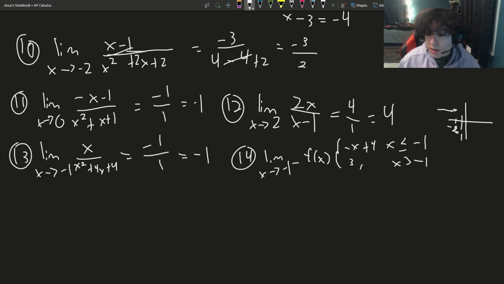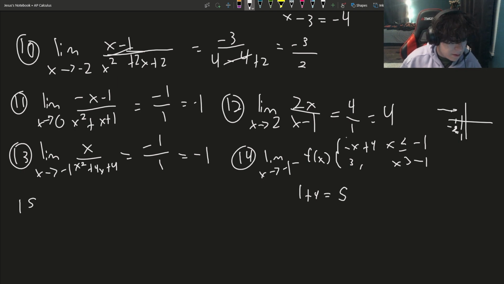So then x is less than -1, which means numbers like -2, -3, so we would use this top equation. So we just plug in -1 on the top equation, and we would get 1 plus 4, and that should be equal to 5.